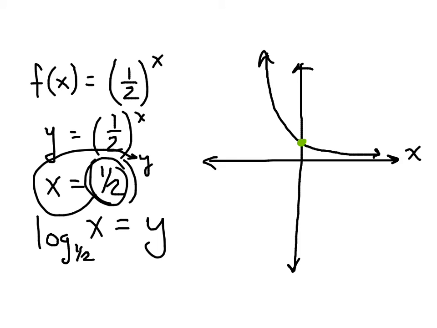The logs have to go through 1, 0. So this one's going to go through here. And remember, if it's decay, it's got to come from the top and work its way down. So are they going to look like the same, just in different locations? Yes. They will. That's the difference between these two.